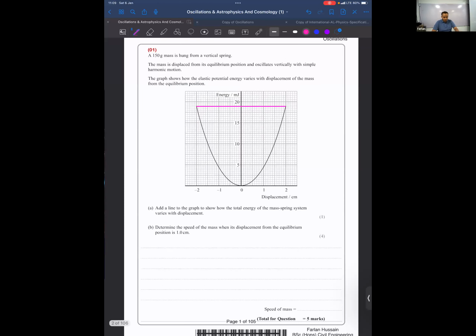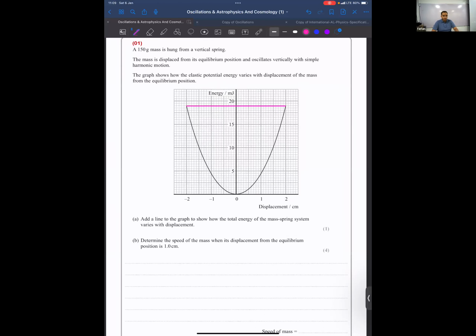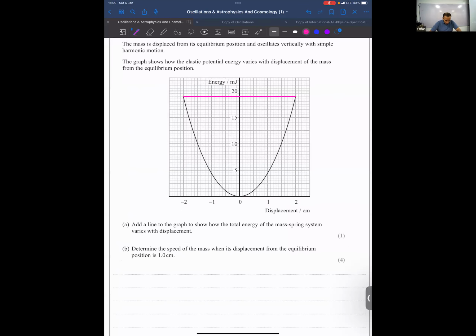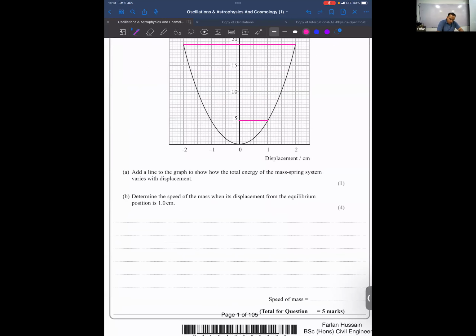Guys, now look at this one. They're asking for the speed. So now when the displacement is 1 centimeter, I can find here the elastic potential energy at 1 centimeter.